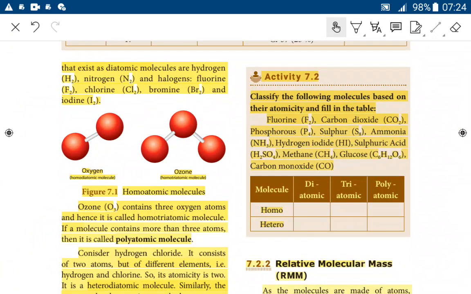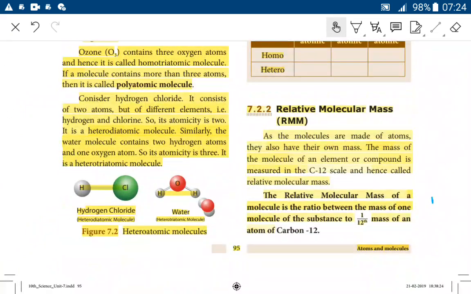And there are polyatomic molecules also, like methane, glucose, sulfuric acid, ammonia. So all this, we learned how to classify the atomicity based on the number of atoms.